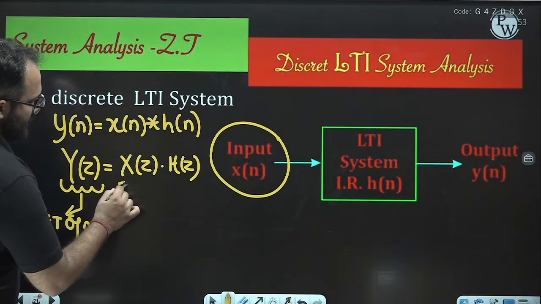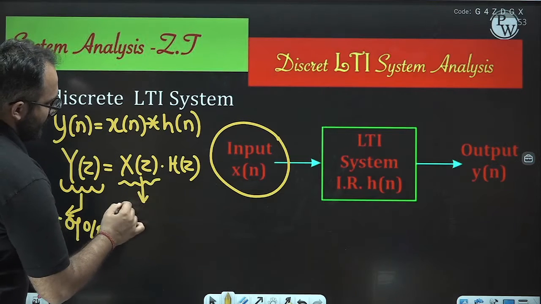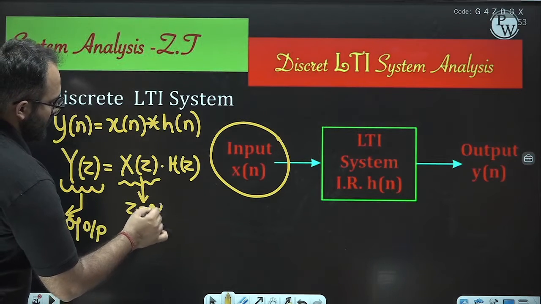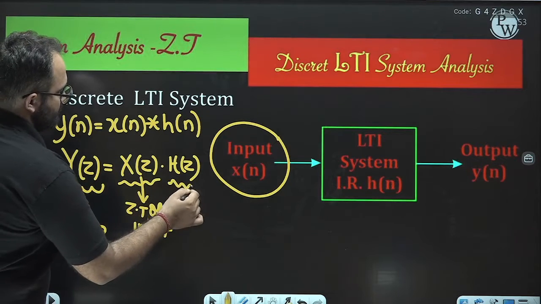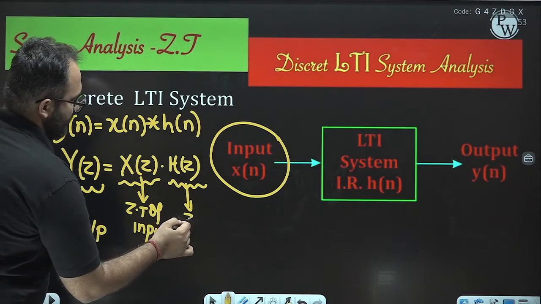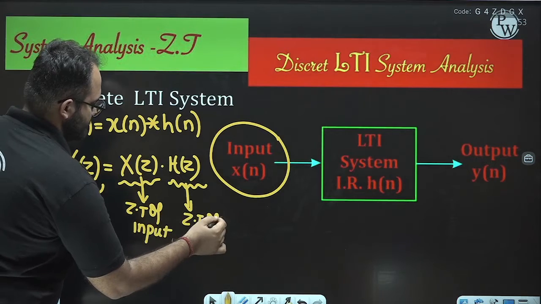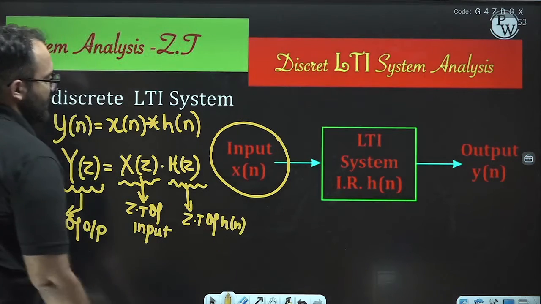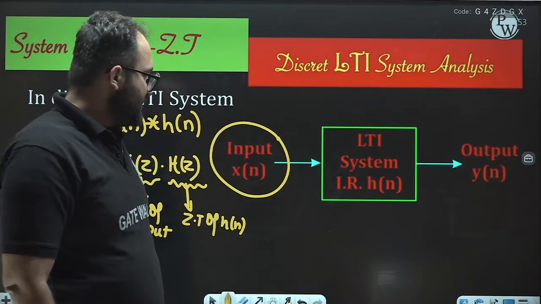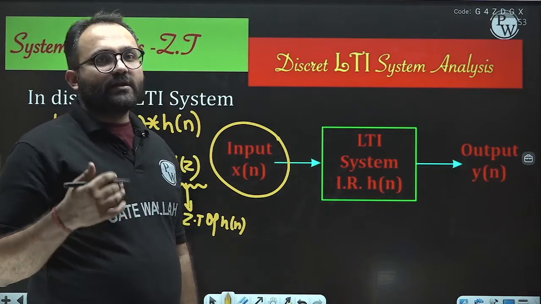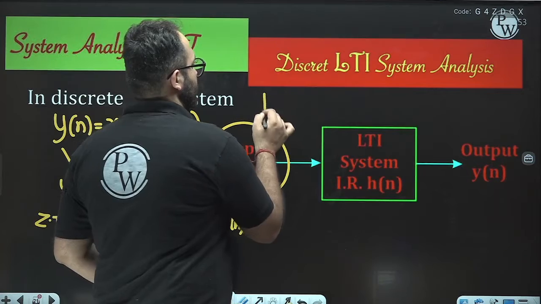This is the Z transform of input. This is the Z transform of h[n]. The transform of h[n] is H(z), and it is also called the transfer function of the system.